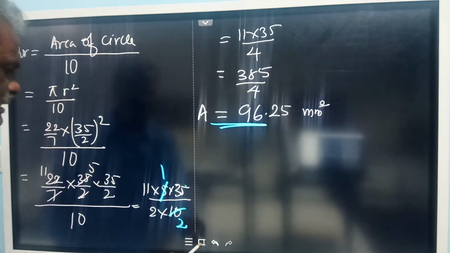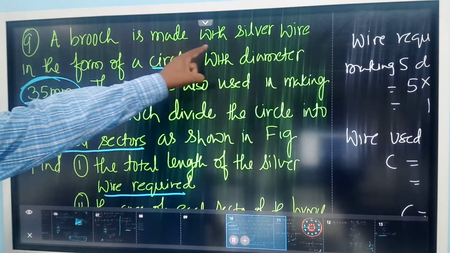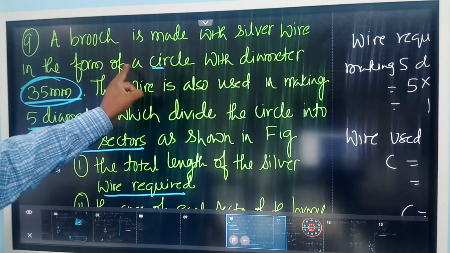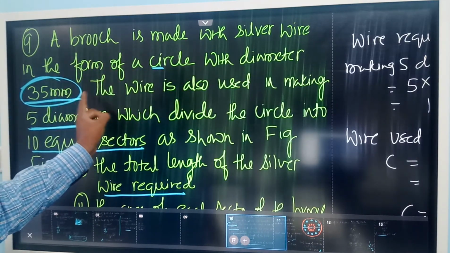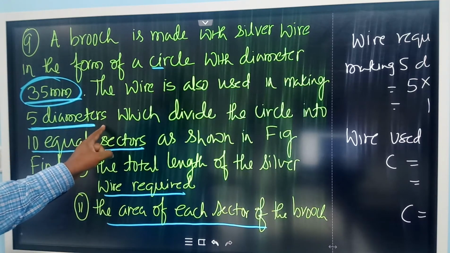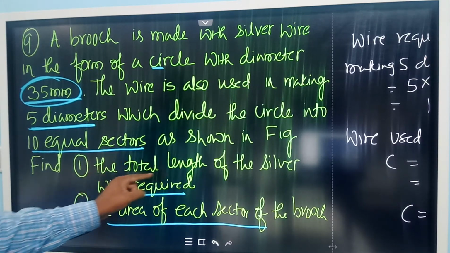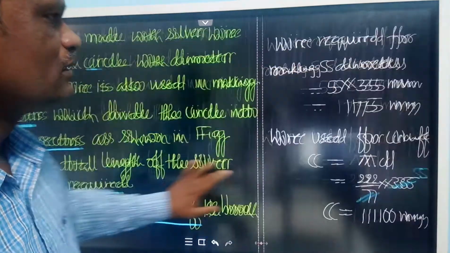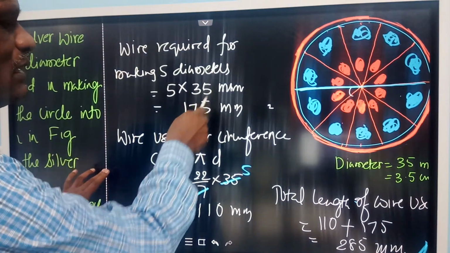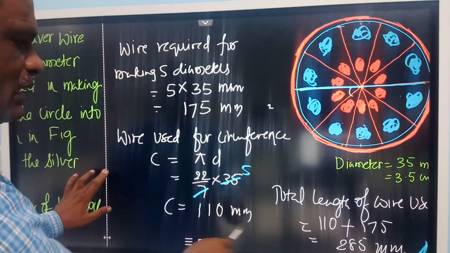Once again, listen here. The given question: the brooch is made of silver wire in the form of a circle with a diameter of 35 mm. The wire is used for making 5 diameters, which divide the circle into 10 equal sectors. Total length of silver required: first 5 diameters, 5 into 35, 175. Then for the circumference, pi into d, 22 by 7 into 35, 110.